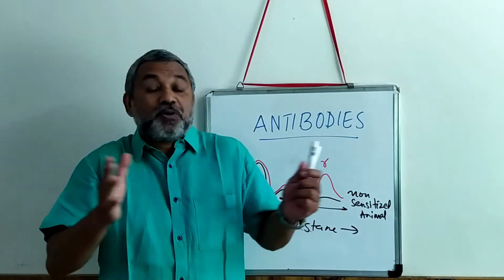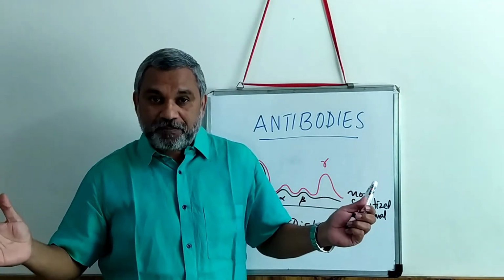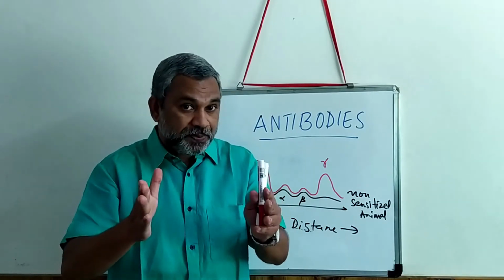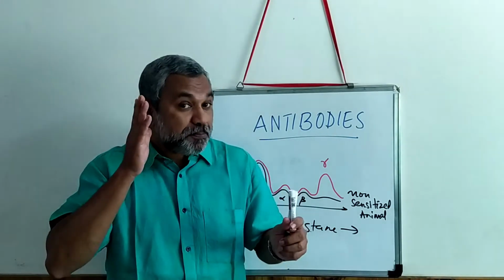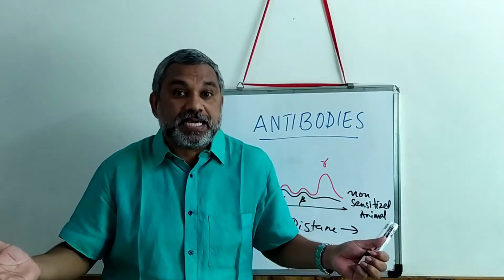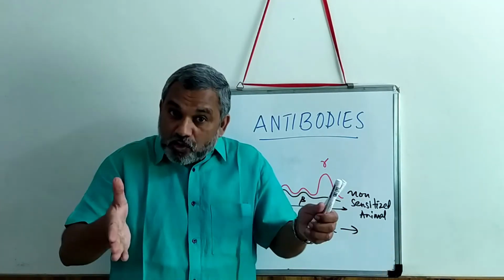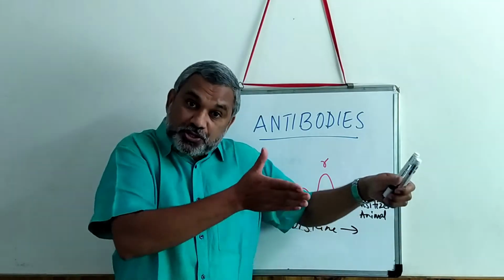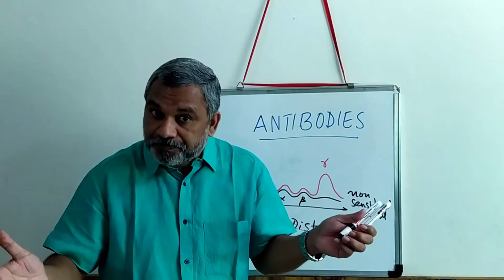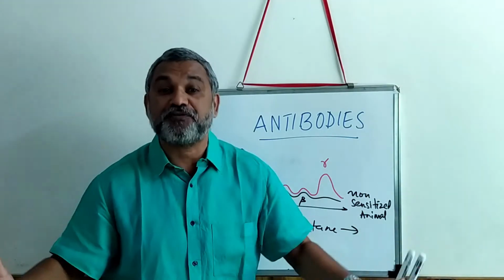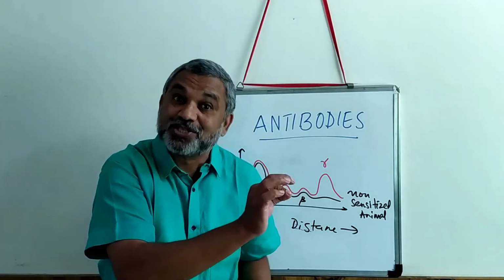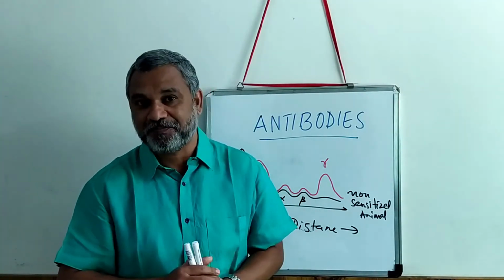Now, we produce a lot of proteins in our body, but each protein is unique. Let us take carboxypeptidase as an example. Carboxypeptidase produced today will be the same after 10 years; there will not be any difference, and the sequence of amino acids will be the same.